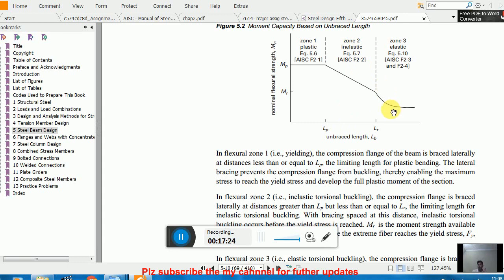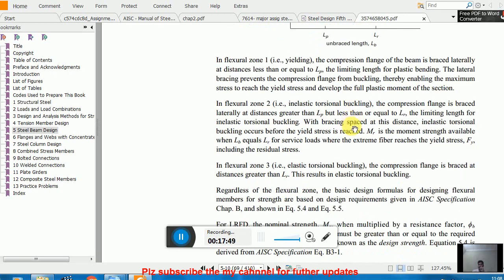In zone 3 we have to check local flange buckling, lateral torsional buckling and yielding. But yielding in these two zones is optional and does not occur. Here lateral torsional buckling and local buckling control the section. But in zone 1 yielding controls the section, not the other two criteria. Clear?